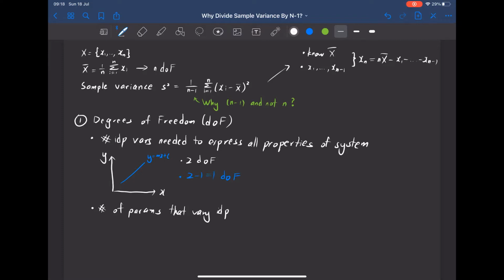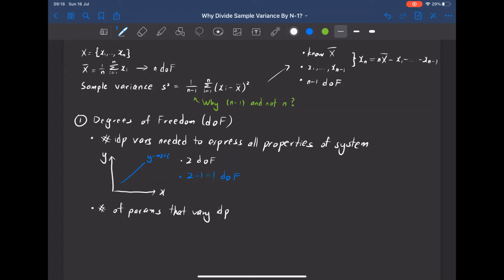So this is really cool because instead of describing the sample variance with n observations, all I need is n-1 observations because I already know x bar acts as a constraint. So instead of n degrees of freedom, this is now n-1 degrees of freedom. And thus, that's why intuitively we divide by n-1.